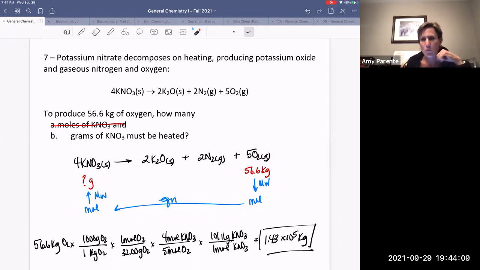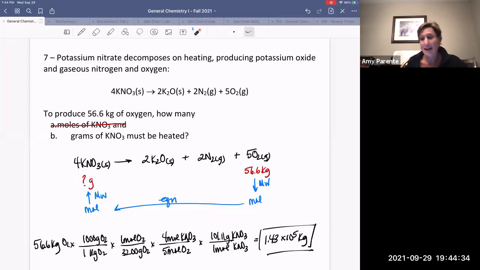So sometimes, and I'll walk through the solution in just a second here, one of the problems that students have is this problem kind of goes in the reverse of how you think chemical reactions happen, right? It's not saying start with this much reactant and tell me how much product is being made. This is saying, I want to make this much product, tell me how much reactant I need. You know, back to our baking analogy, right?